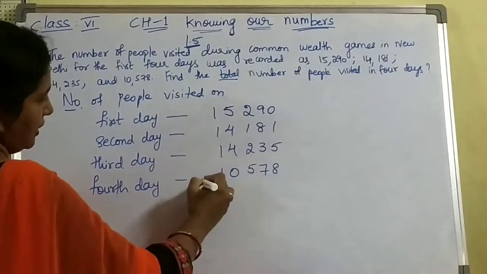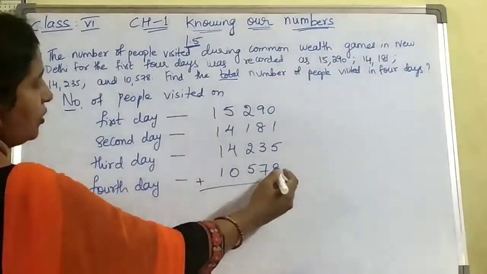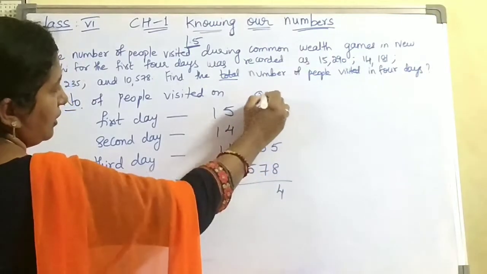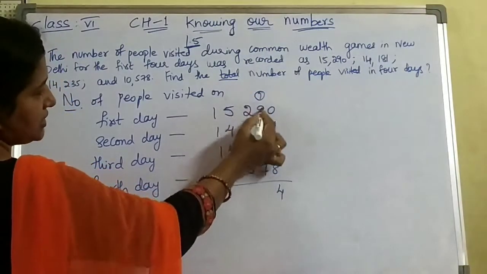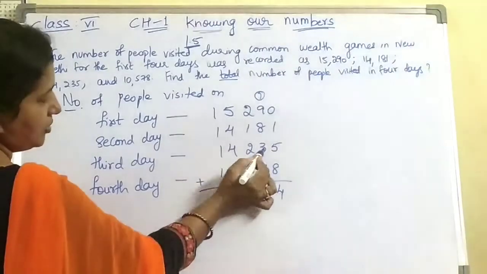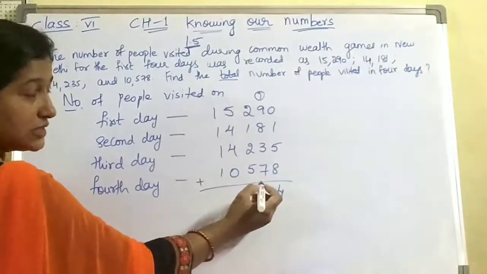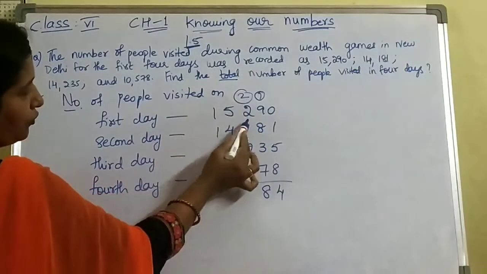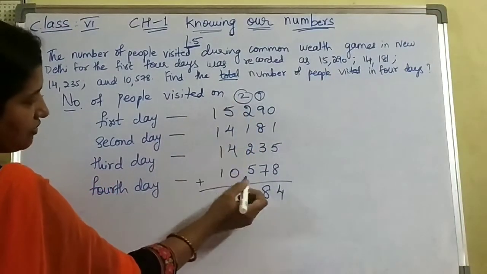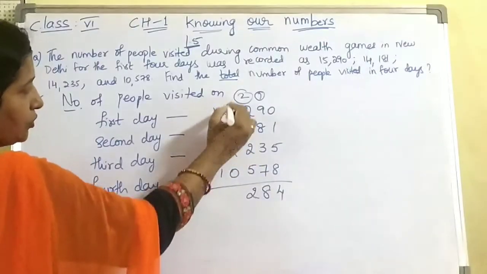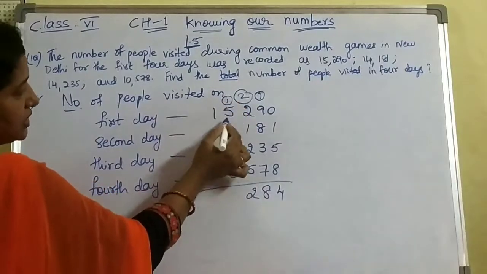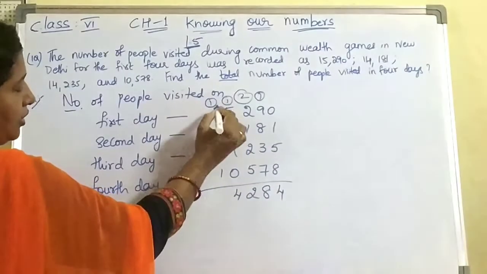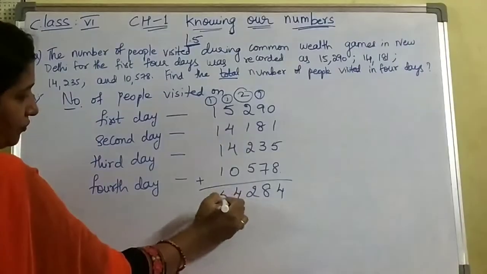10,578. Do addition. 1 plus 5, 6. 6 plus 8, 14. 1, 10. 1 plus 9, 10. 10 plus 8, 18. 18 plus 3, 21. 21 plus 7, 28. 2 here. 2 plus 2, 4. 4 plus 1, 5. 5 plus 2, 7. 7 plus 5, 12. 2, 1 here. 1 plus 5, 6. 6 plus 4, 10. 10 plus 4, 14. 1 here. 1, 2, 3, 4, 5.